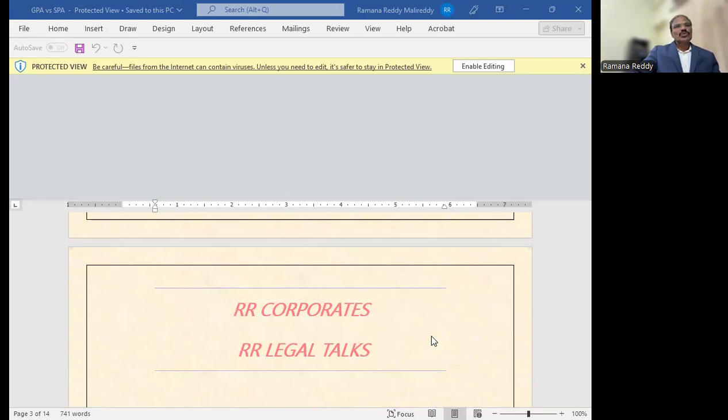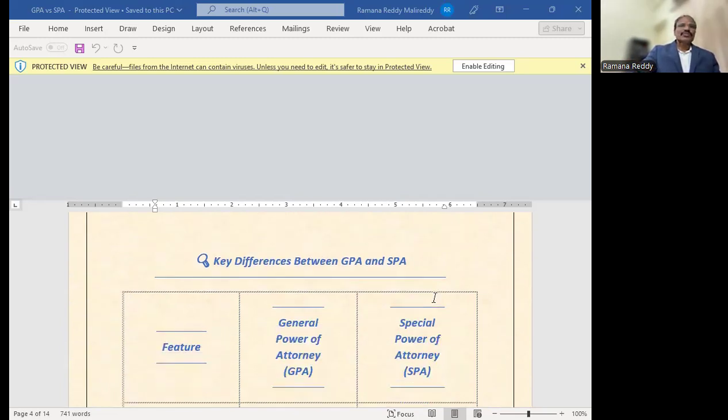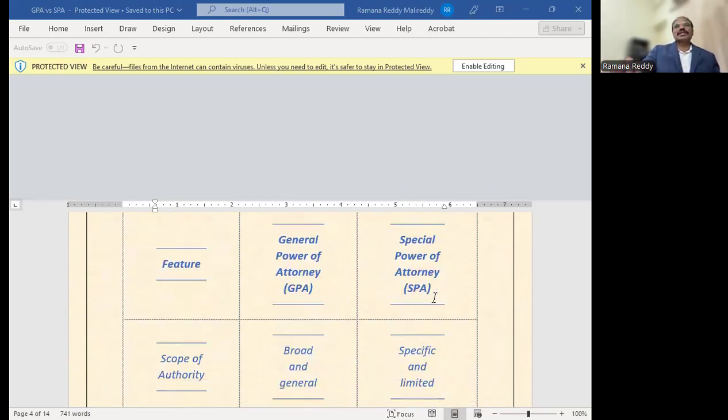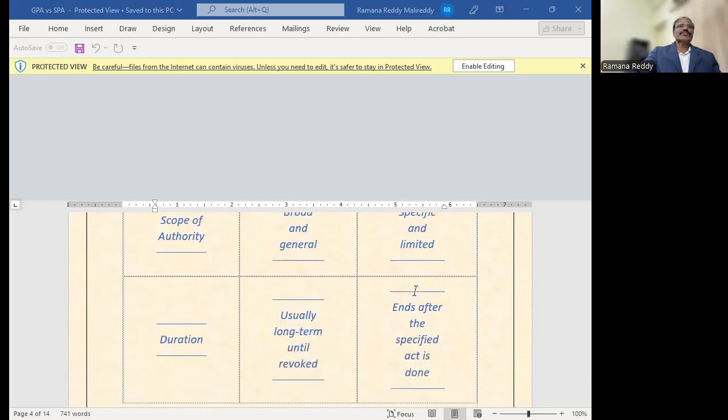Now we'll discuss the key differences between GPA and SPA. The features, scope of authority. When you come to GPA, this is broad and general, whereas SPA is specific and limited in scope, a specific transaction.